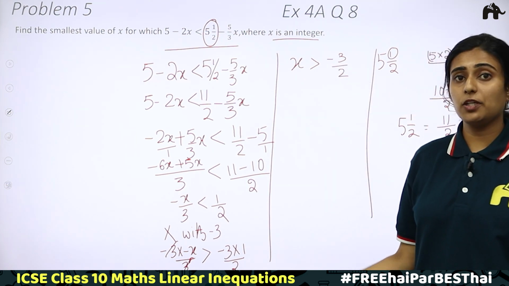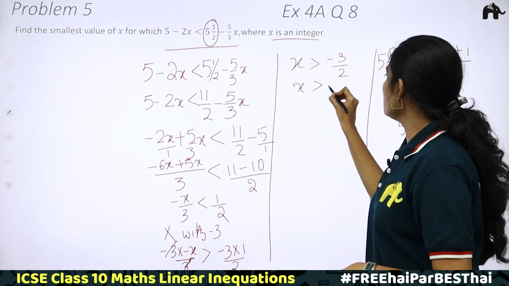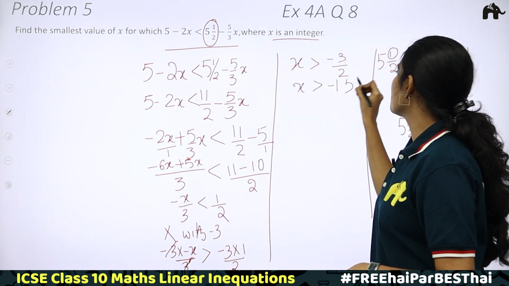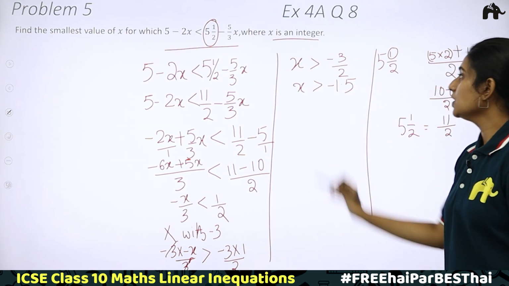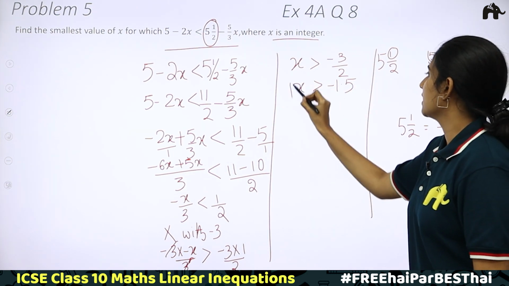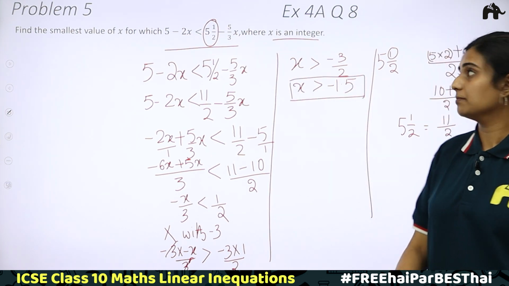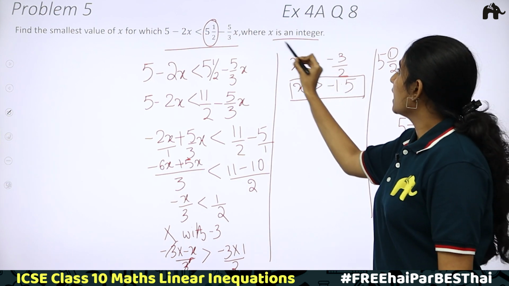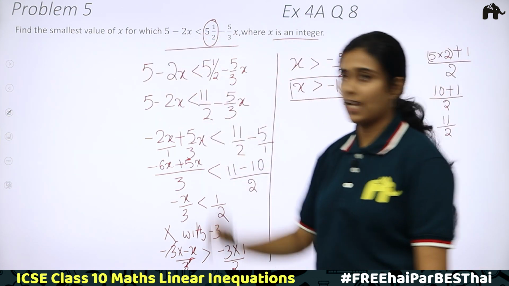What is minus 3 by 2? Converting it into decimal, you will be getting x greater than minus 1.5. 3 by 2 is 1.5. So this is our condition for x. X should be greater than minus 1.5. Next, x is an integer. We need to find the smallest value of x.